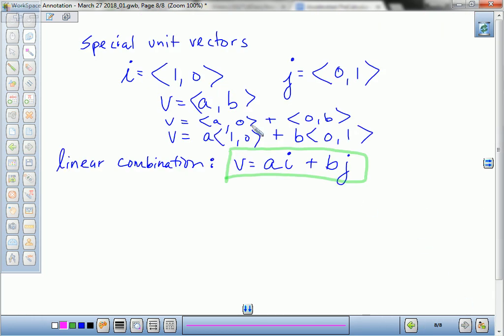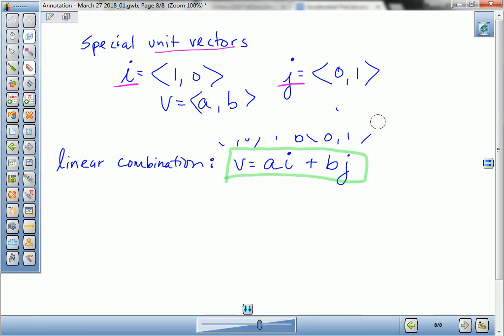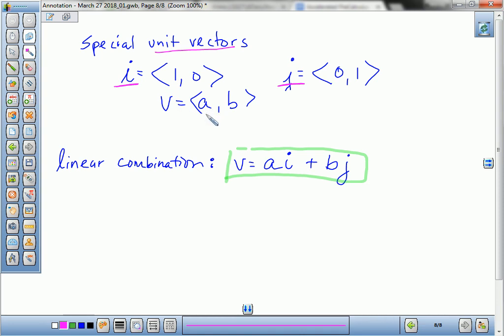But let's take a look at 2 special unit vectors. These are named i and j. i represents the unit vector 1, 0, and j represents the unit vector 0, 1. So if we had any vector, and I can represent any vector with a, b, could I rewrite this as a, 0 plus 0, b?